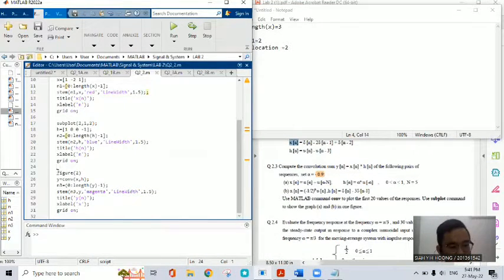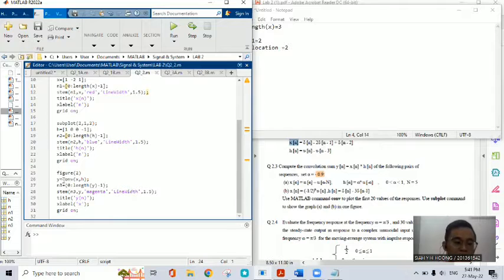And after that, we're going to make a new figure for our convoluted signal. What are we doing here? Since we're going to plot a convolution graph, we have to find the convoluted signal, right? And how can we find it?